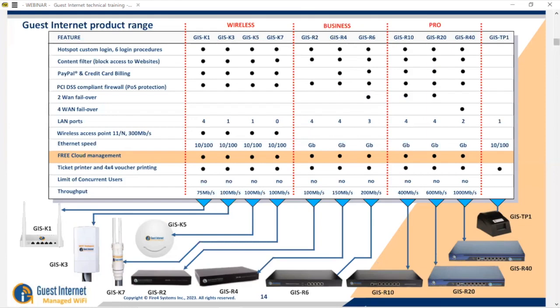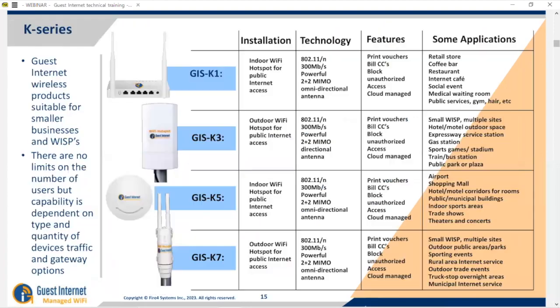And so this table gives a summary of the products, and you'll see that each product has a specific bandwidth. And this means that we have to choose a product based on the bandwidth of our internet service. And so it's very important that we consult this table when choosing a gateway product.